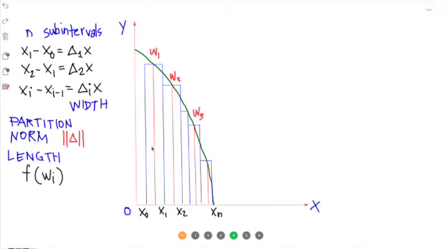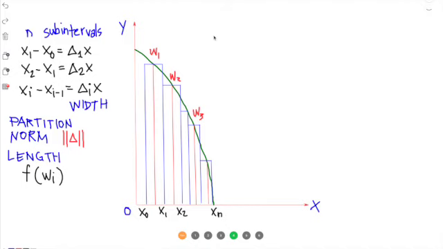For the first rectangle, that would be f of w sub 1. The next one would be f of w sub 2, and so on until we reach w sub n. As before, we will compute the area for each rectangle and do the summation of that.